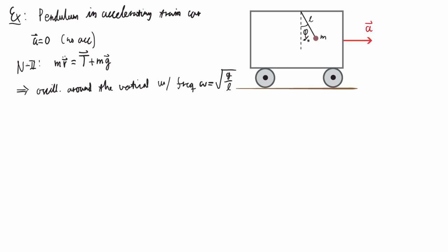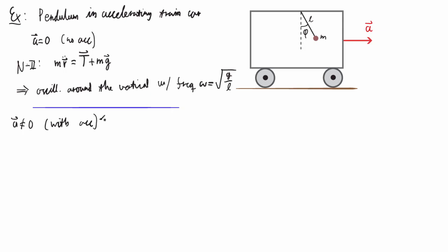For large oscillations, the pendulum can actually be solved using normal analytical functions. Okay, so the next thing we're going to do now is add the acceleration, so the acceleration is different from 0.